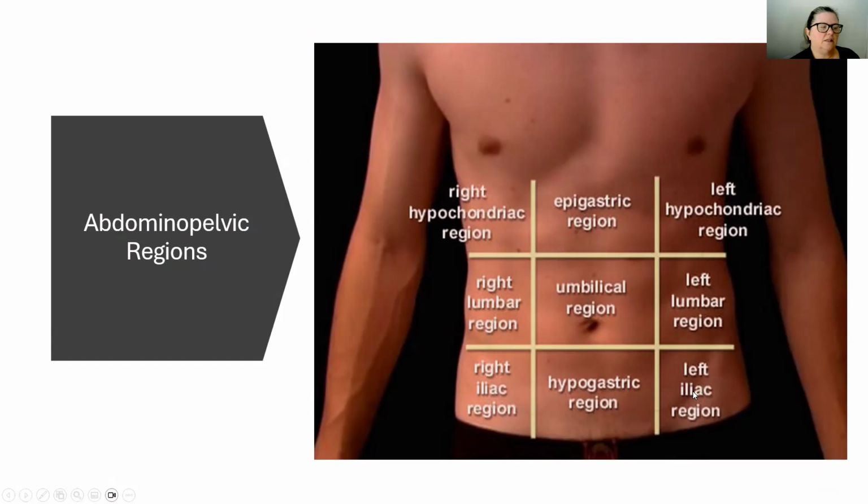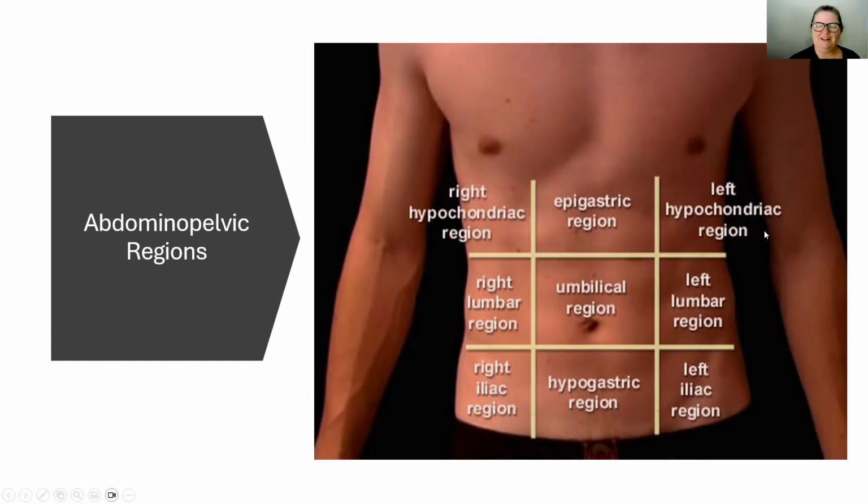The iliac is the crest on the top part of your hip bone, pelvic bone where the hip is, so that is why that is called the left and right iliac. Lumbar refers to the portion of your lower back that is around the side here, so that is why that is lumbar.